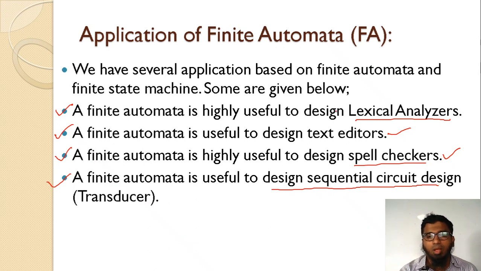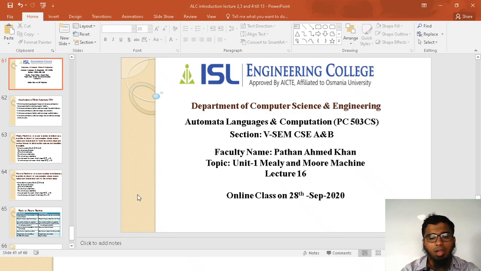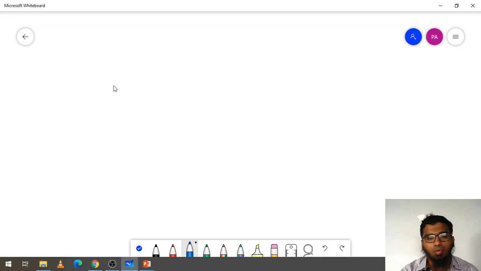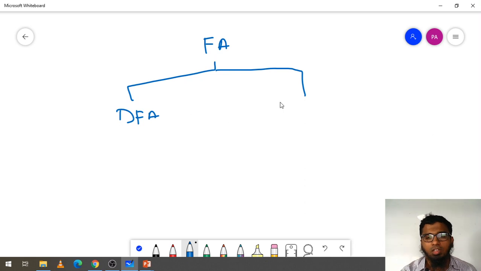Here, Mealy and Moore will come under DFA. So first we have FA, which is divided into two: one is DFA, another one is NFA.